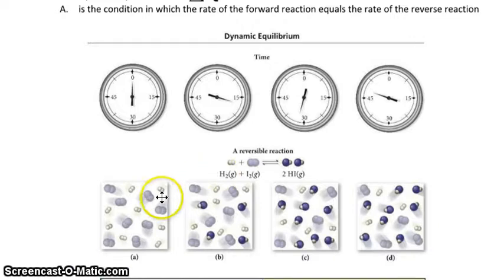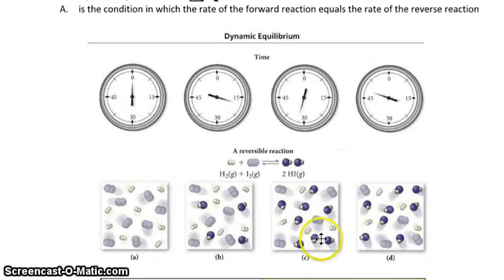Next, in the next frame, we see 16 seconds have gone by, and what has happened? If you were to recount all your molecules again, you're going to notice you have 6 H2s, 6 I2s, and 4 HIs. And if you just set up a BCA table right now, you're going to see that that works out quite nicely.